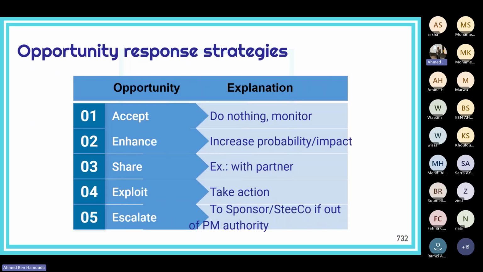So those are the 5 response strategies for a threat and the 5 response strategies for an opportunity. Now, remember in your RMP exam, you will have many, many situations depicting these 10 different scenarios, and you need to understand very well what each scenario is actually depicting.